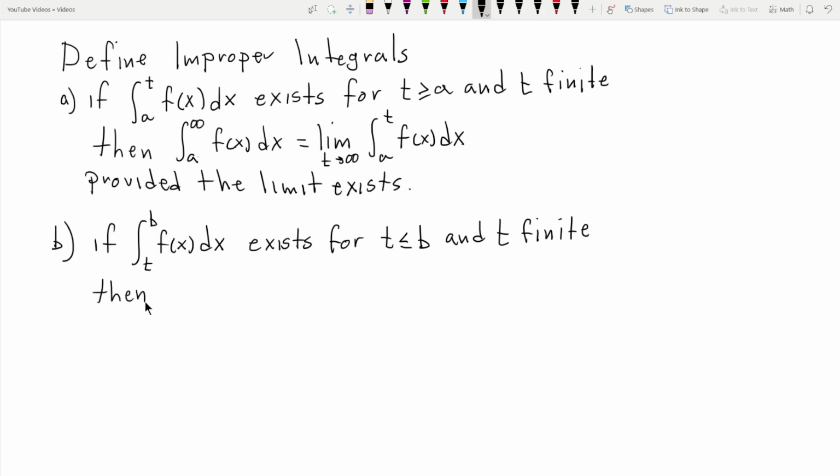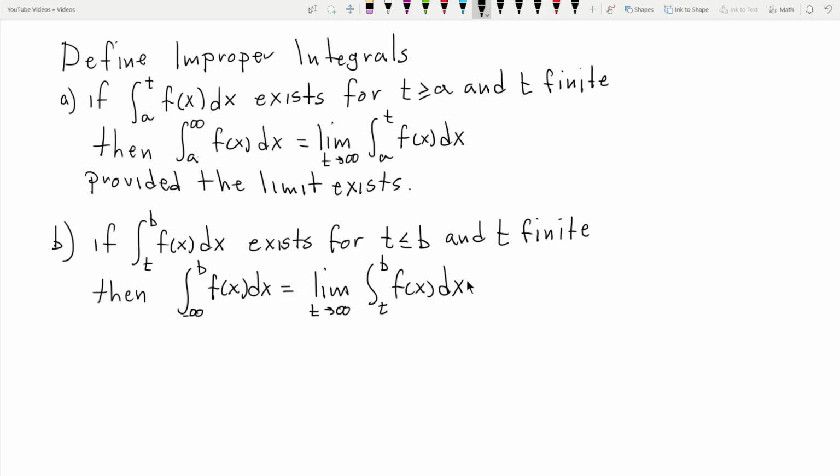Then the antiderivative from negative infinity to b of f of x dx is going to equal the limit as t goes to negative infinity of the antiderivative from t to b of f of x dx.